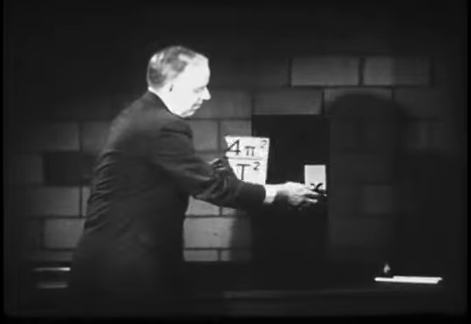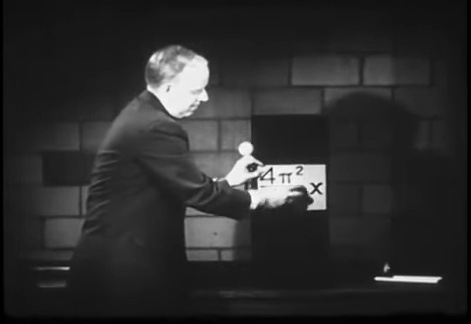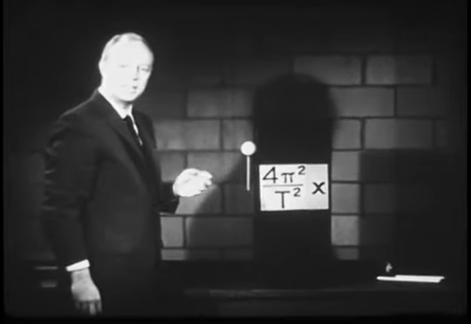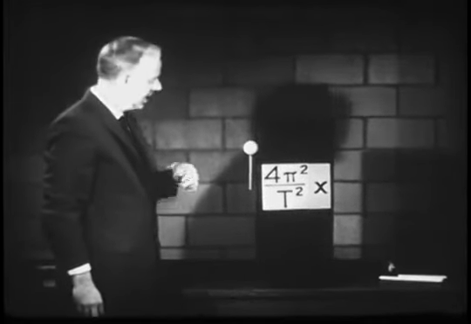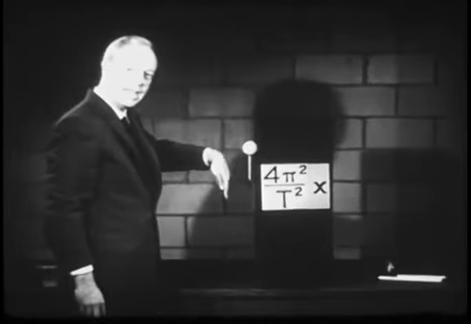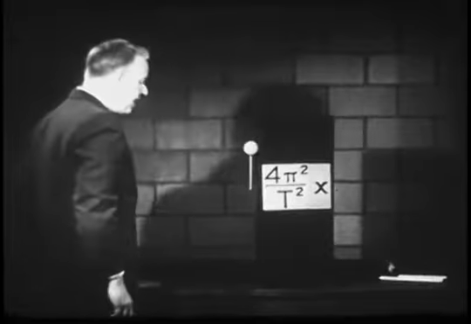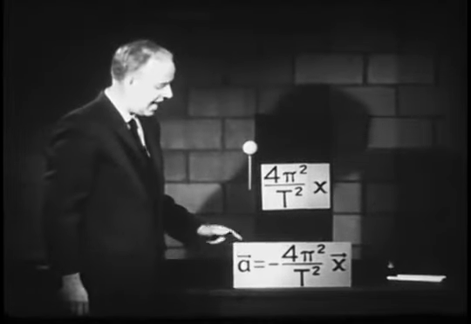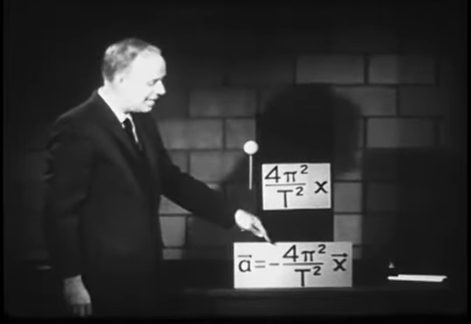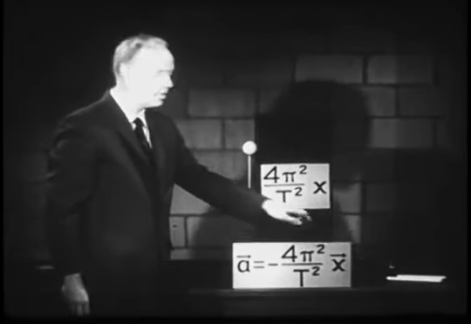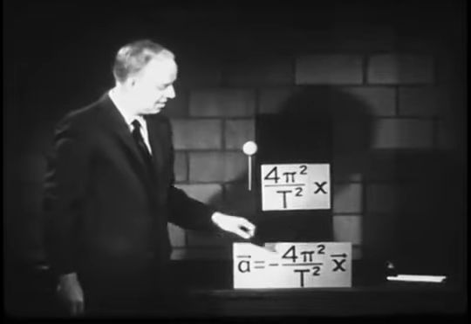Now, the same scale factor must apply. This is the magnitude of the acceleration in simple harmonic motion. The acceleration is in the opposite direction to the displacement, so the vector A is equal to minus 4 pi squared over T squared times the vector x.